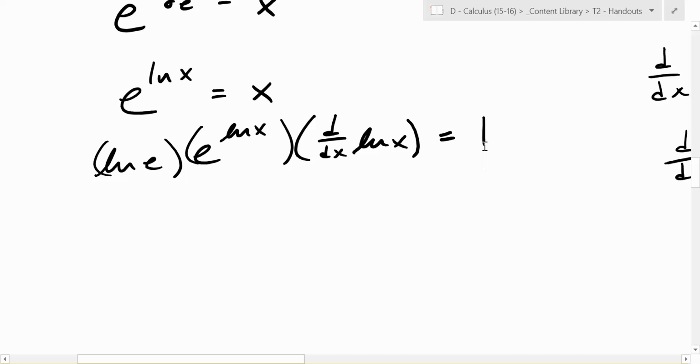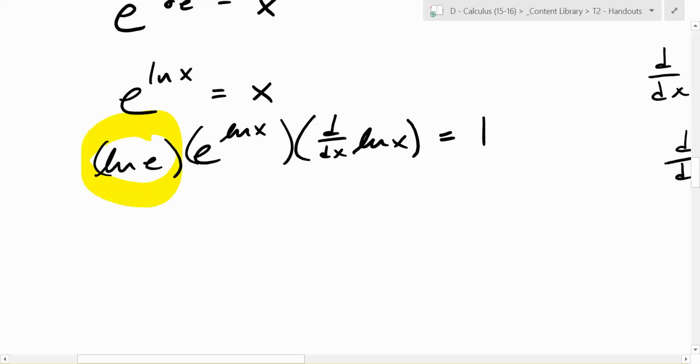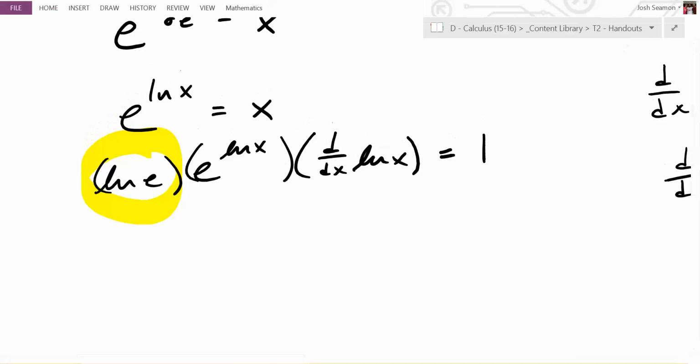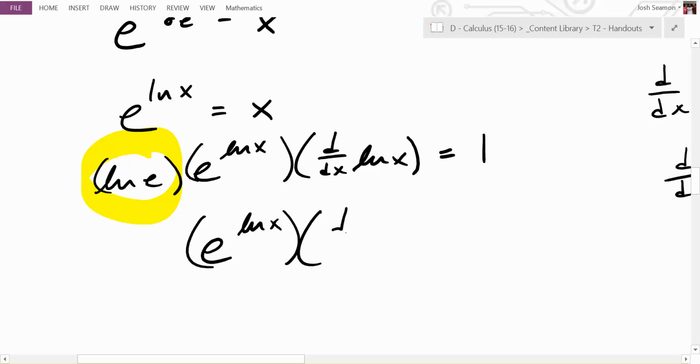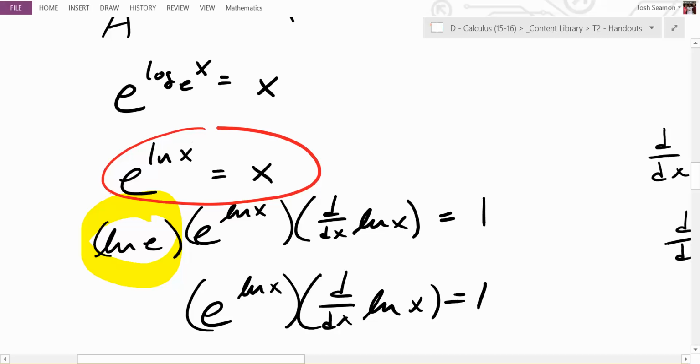You with me so far? What does ln of e equal? 1. That is 1, so we can just not have it written there. So what do we end up with? We end up with e to the ln x times the derivative of ln x, which we don't know yet, is equal to 1. What does e to the ln x equal? It equals x.